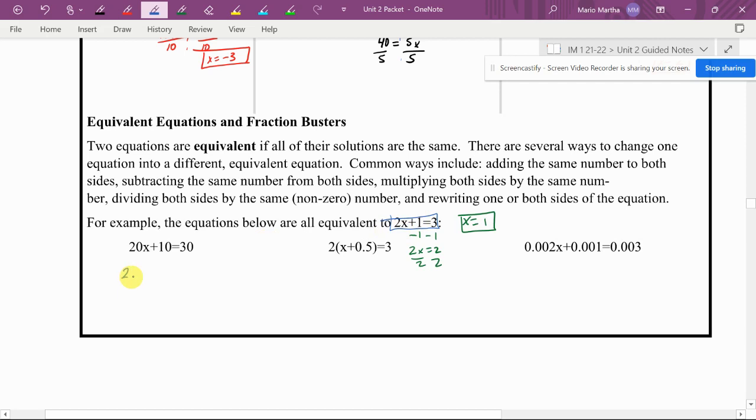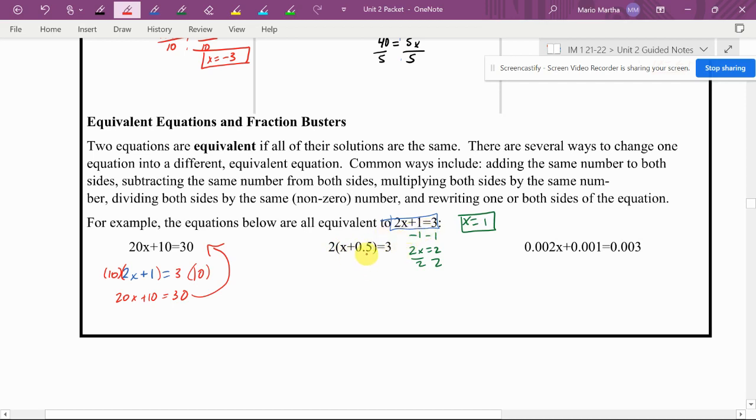So if you got 2x plus 1 equals 3, I'm sorry, equals 3, not 30, and then you multiply both sides by 10, you get the same thing, 20x plus 10 equals 30, which is again that one.